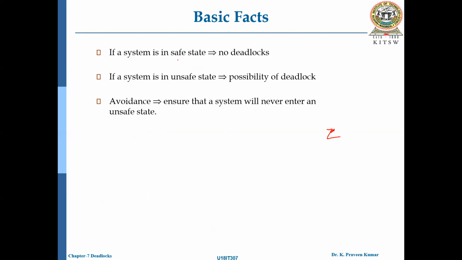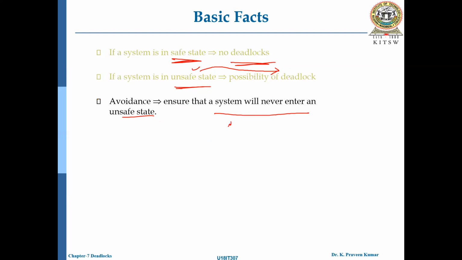If a system is in a safe state, we can surely say that it cannot lead to deadlock. If the system is in an unsafe state, there is a possibility of deadlock, but we cannot say that an unsafe state is a deadlock. So how can you avoid deadlock? Ensure that the system will never enter an unsafe state, just like this diagram.